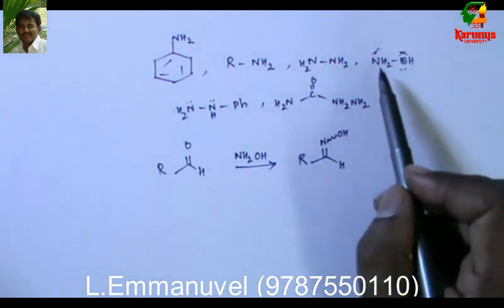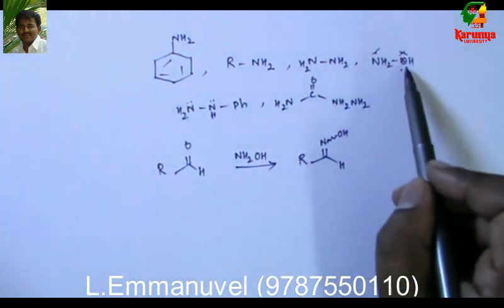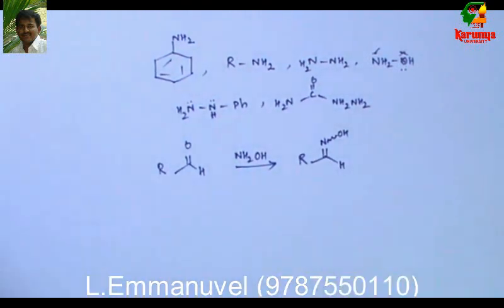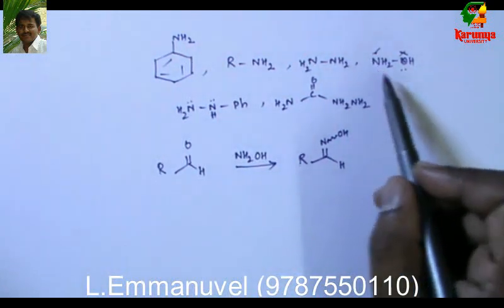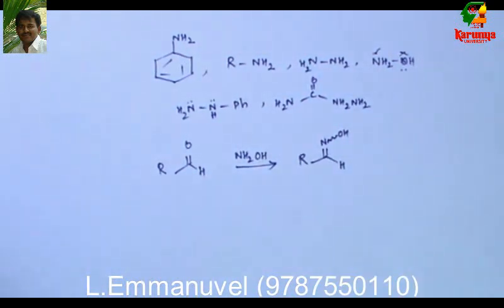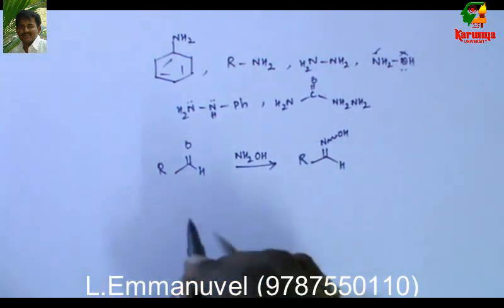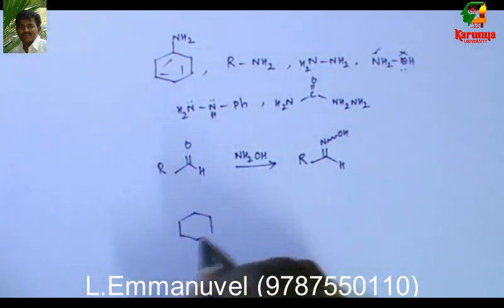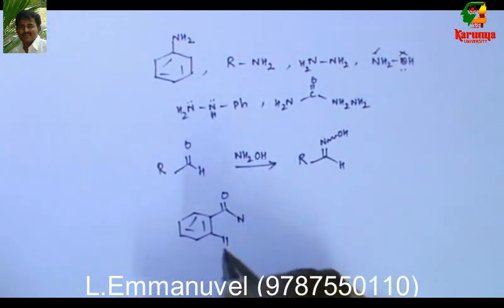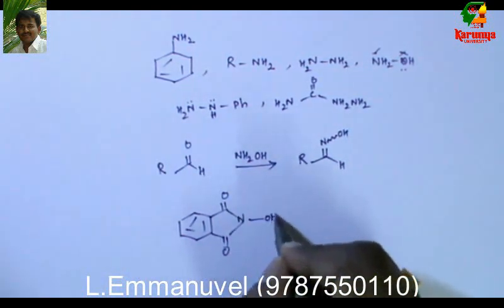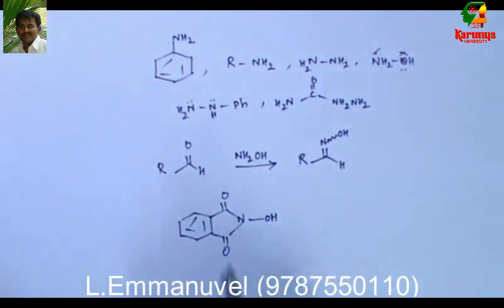Is there any possibility to make this oxygen act as the nucleophile, not nitrogen? Yes, it is possible. If you attach an electron withdrawing group to nitrogen, then the oxygen will serve as the nucleophile. For example, I go for the very well-known reaction, N-hydroxyphthalimide. So I have attached two electron withdrawing groups to this nitrogen.